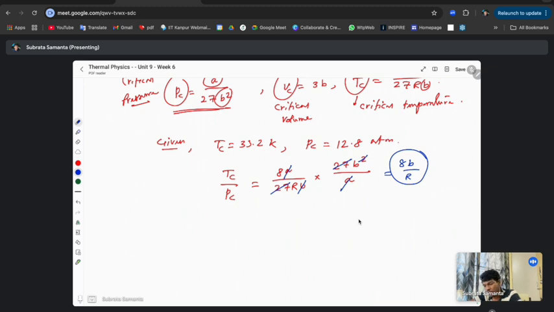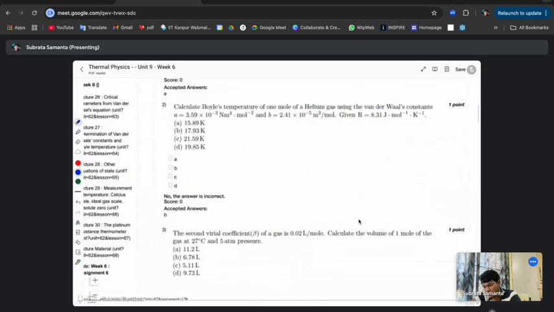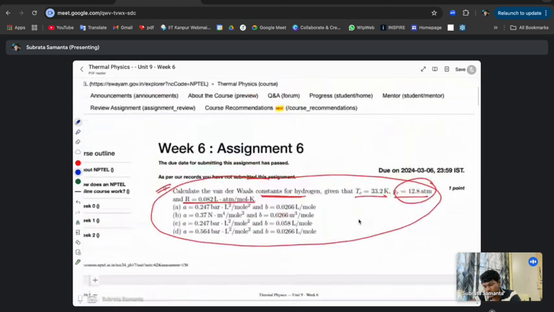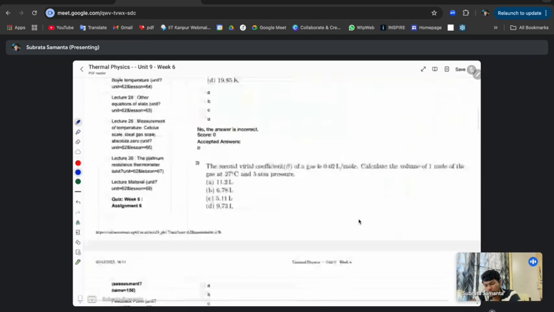So now you just plug in these values, TC and PC, and you can easily calculate B, because R is also given. The value of R is 8.314, and the unit is liter atmosphere per mole Kelvin, and this is atmosphere.